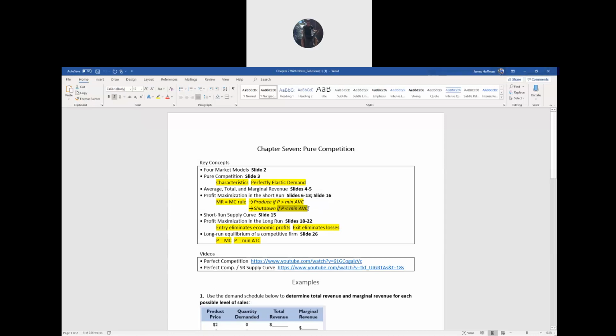Okay, so we went through a lot of scenarios there. Questions on what I just tried to explain? Do we see how it works for what the firm is going to do here? Okay.